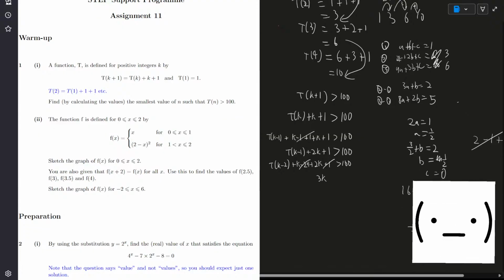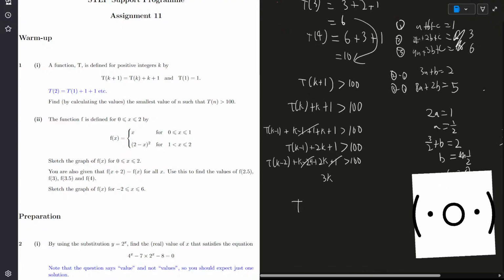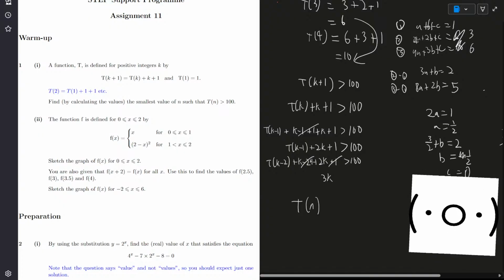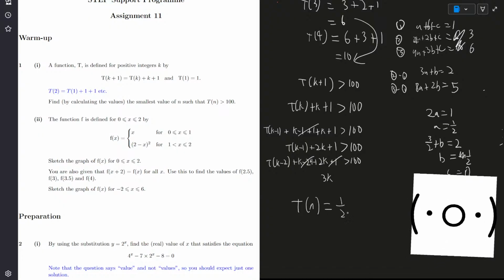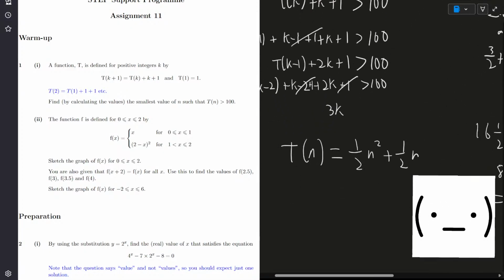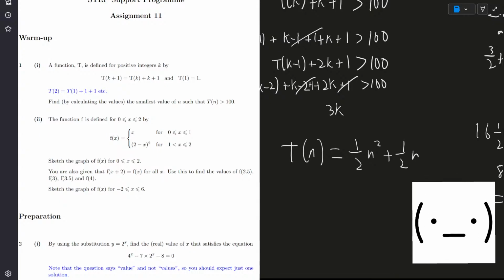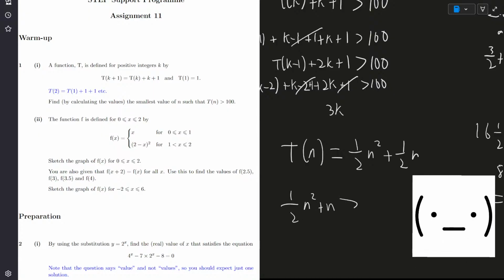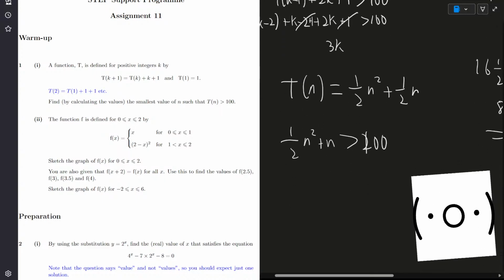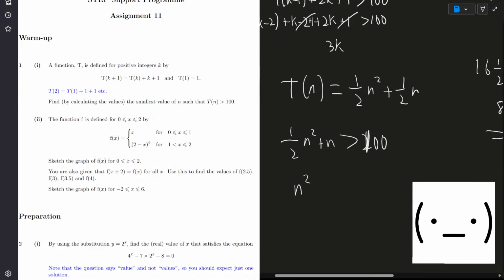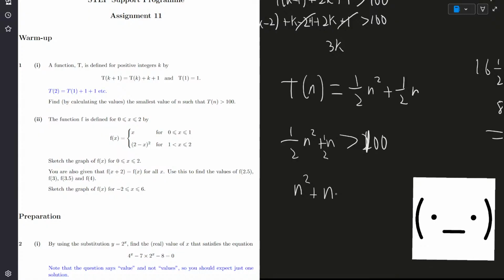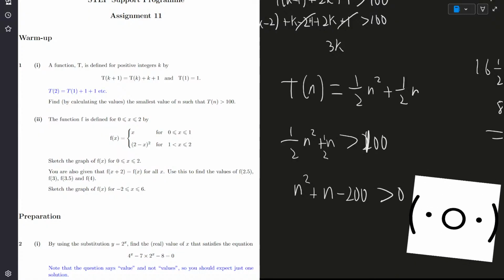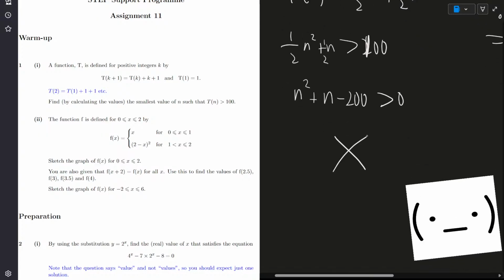So our t of n for any n is simply equal to half of n squared plus half of n. This must be larger than 200. No, 100. So you put it over here. Get a little bit of this.